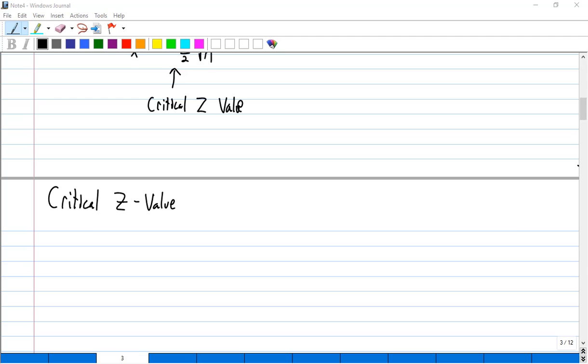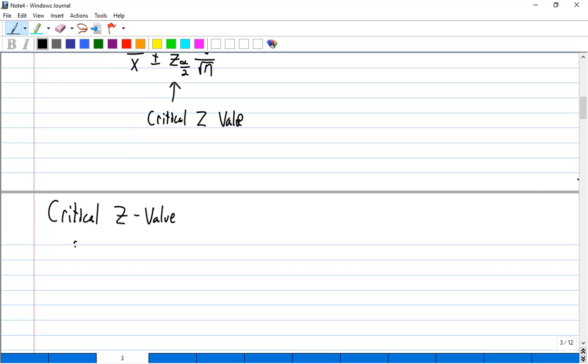So this is a critical z-value for a confidence level of 0.80.